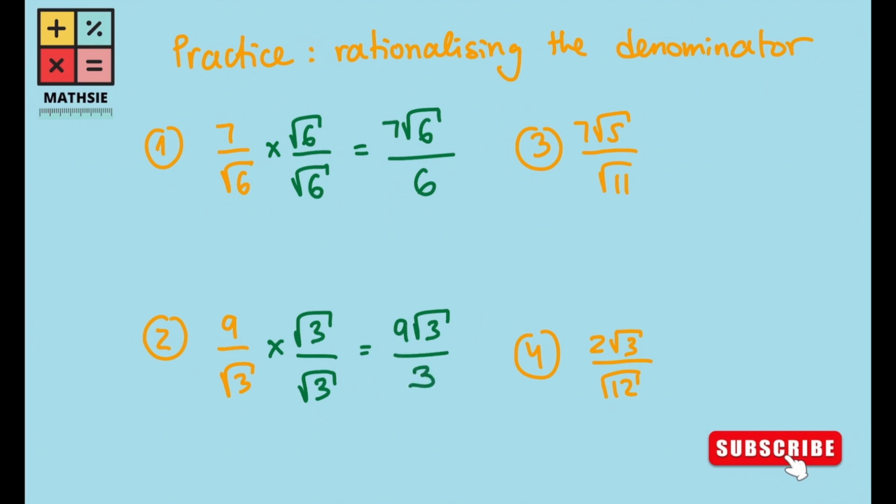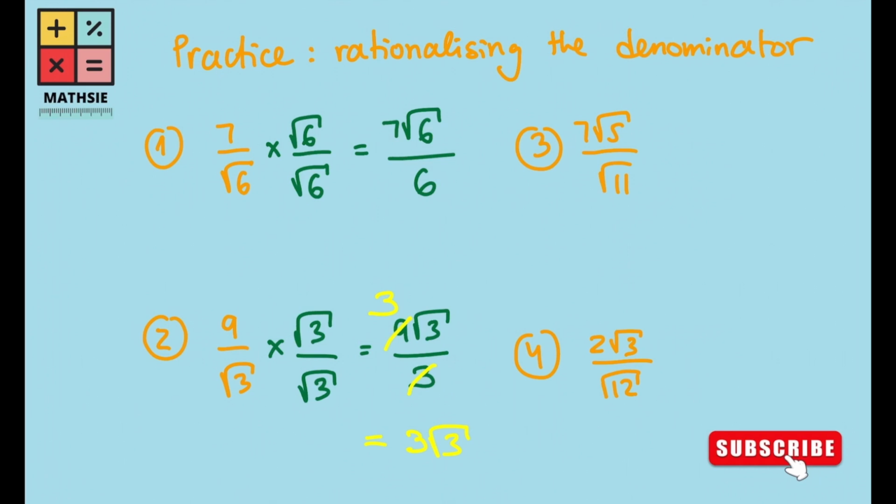What we can see here is that we can simplify. We can divide 9 by 3, which would give me just 3. So my final answer would be 3 square root 3. Always make sure to simplify it as much as possible. So here we cannot simplify any further. It will be 3 square root 3.